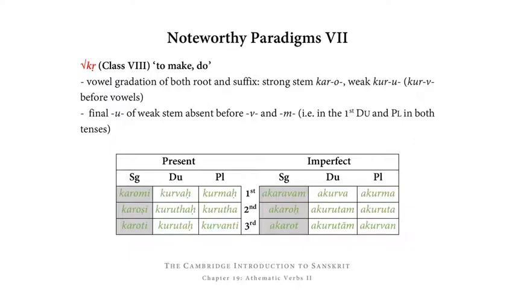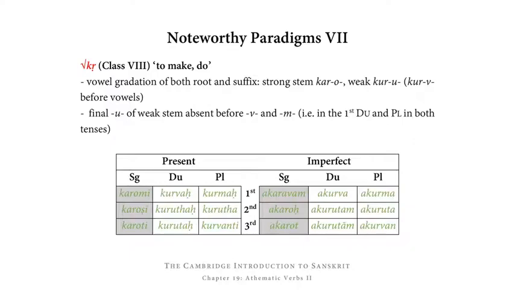In the imperfect, we have the strong stem karo throughout the singular, but given that the first singular ending begins with a vowel, we have not karo but the pre-vocalic form, namely karav, so we have akaravam, akaroh, akarot.